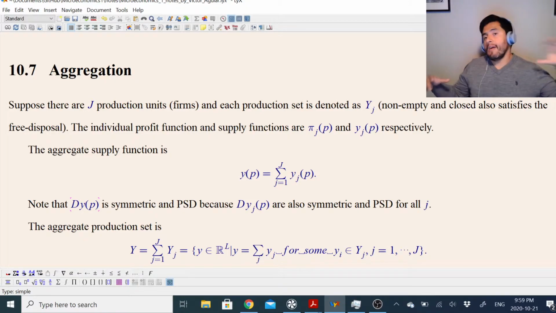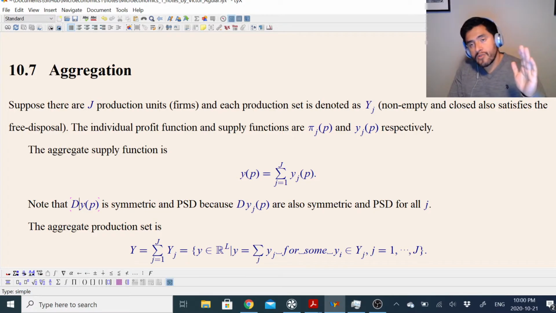That means if I take Y1 and Y2, the production sets, merge them into a single firm, and then maximize profits there, I produce the aggregate supply. This aggregate supply is going to be exactly equal to the summation of the individual supplies that come from individual profit maximization.